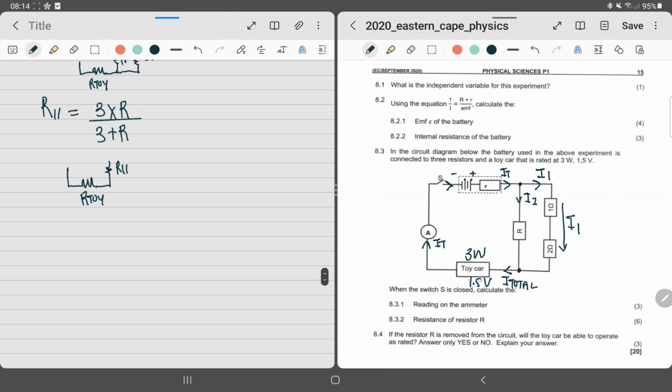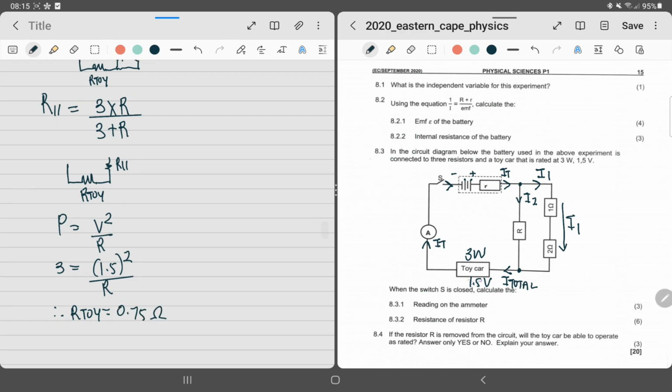But we don't know what the R of the toy is, but we can find it because we have the power, we have the potential difference as well. The power should be equals to 3. The potential difference is 1.5. The resistance of the toy is therefore, so I'm getting 0.75 ohms.